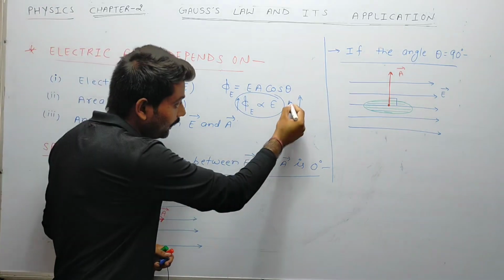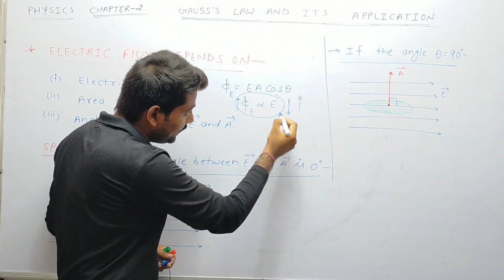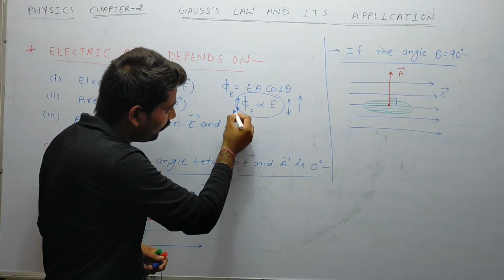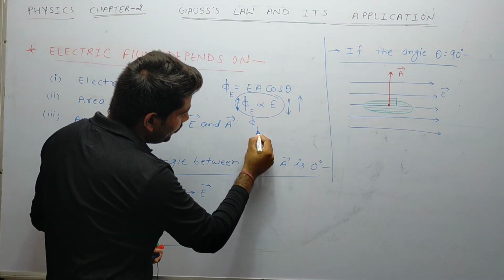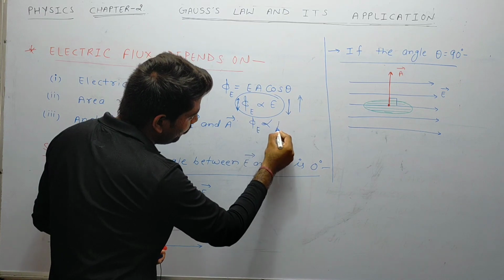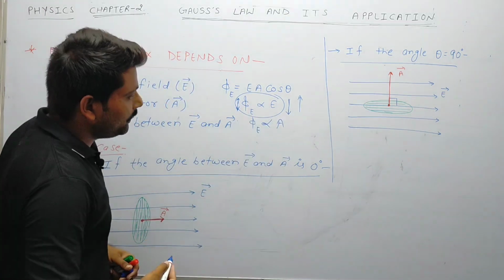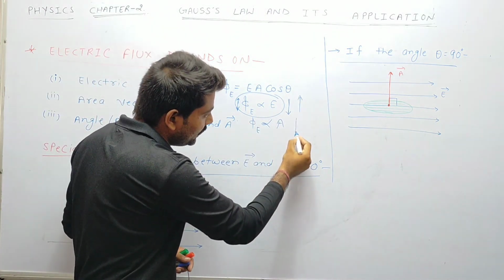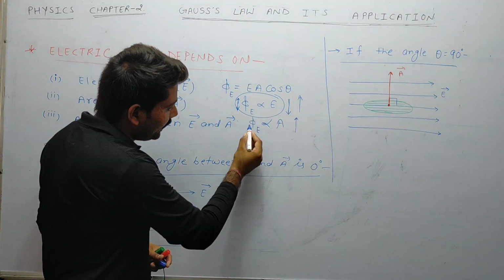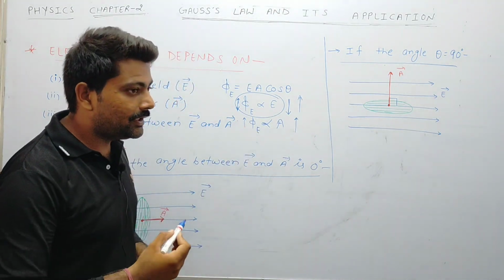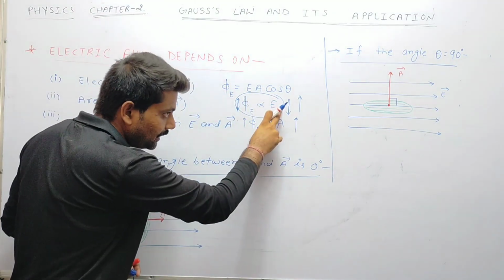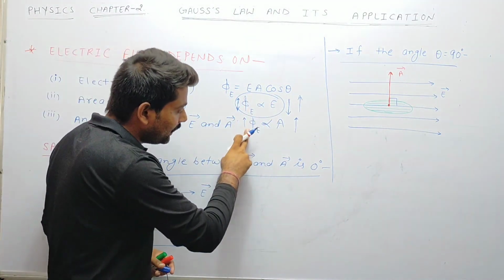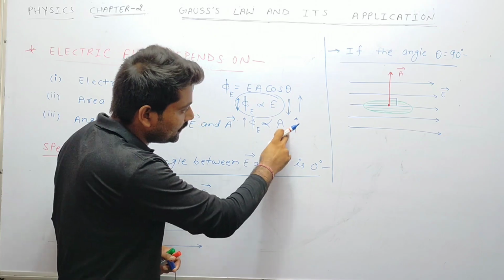If the electric field decreases, the electric flux will also decrease. From the formula, we can write phi E is directly proportional to A. It means if the area of the surface increases, then the electric flux also increases. The electric flux depends on the electric field, directly proportional. The electric flux depends on the area of the surface, directly proportional.